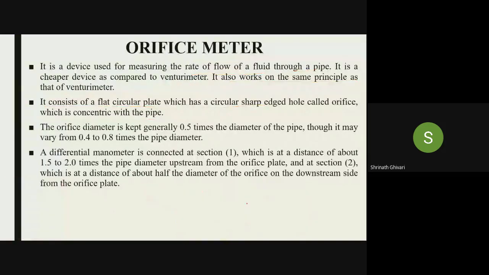So if this is a pipe, I am placing a flat circular plate with a circular sharp edged hole. We are placing a plate like this, and it has a hole here, concentric to the center of the pipe.